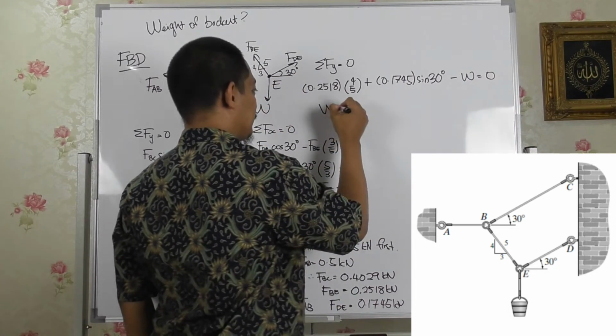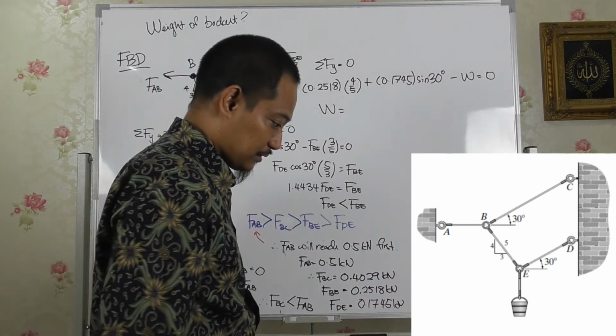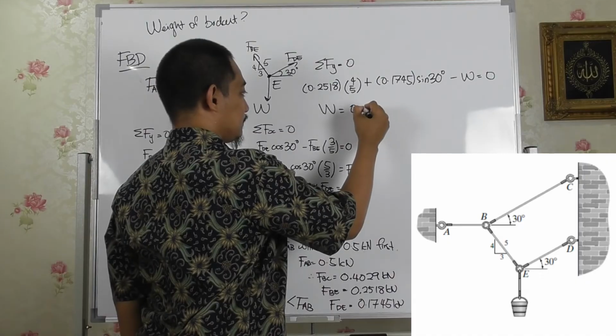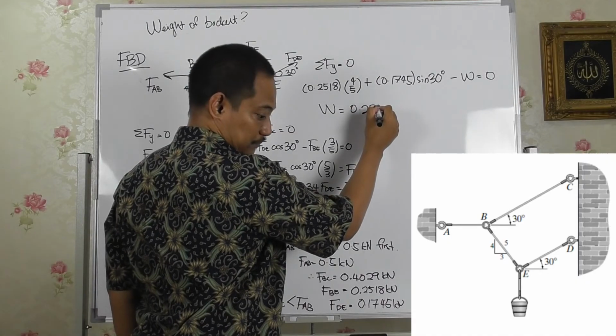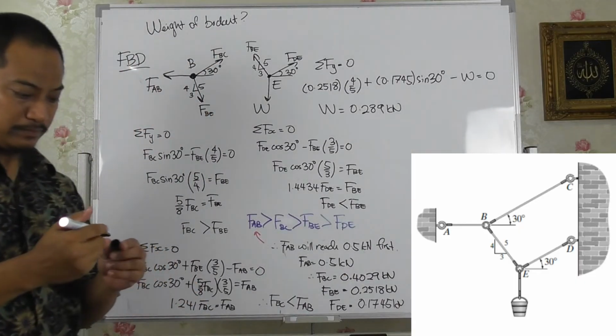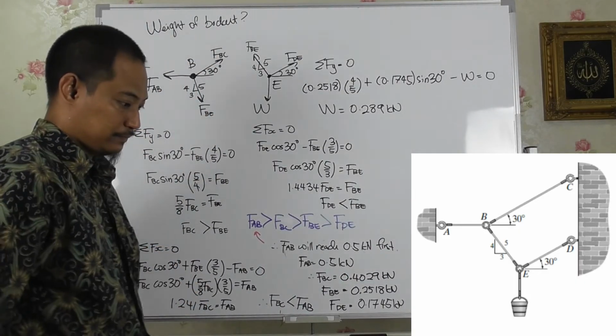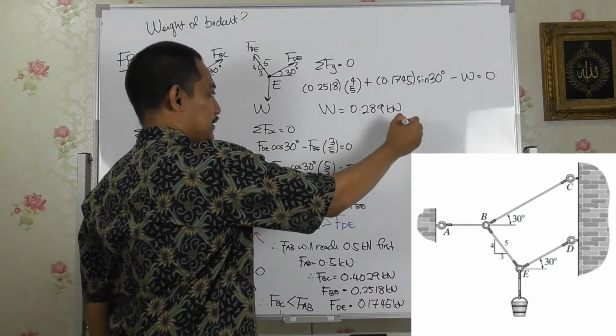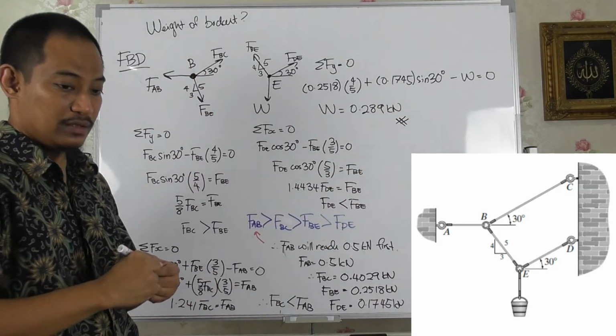So then W we can calculate to be 0.289 kilonewton. That is the final answer.